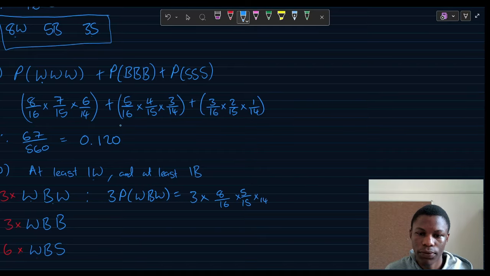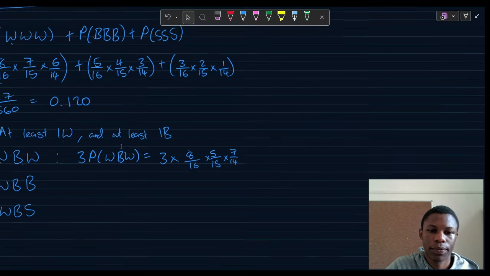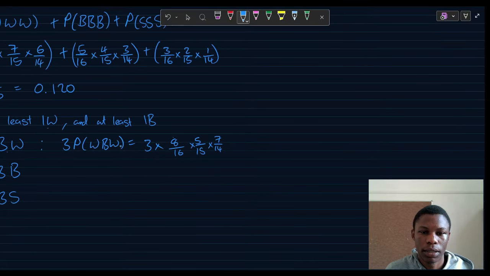And now we've got 14 cars remaining. Out of those 14, I want to pick a white car. I've already picked a white car earlier, so I only have 7 white cars remaining. Okay. And what does this give us? That is 3 times 8 over 16 times 5 over 16 times 7 over 14, which is 15 over 64.